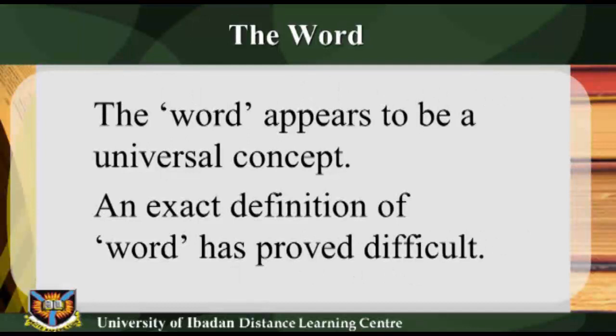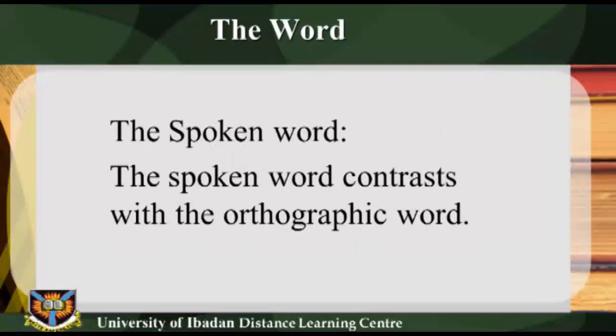The word. The word appears to be a universal concept. Speakers of a language are often able to identify what words are, as they tend to associate a word with a single piece of meaning. Although intuitively, what constitutes a word is fairly obvious, an exact definition of word has proved difficult. 1.